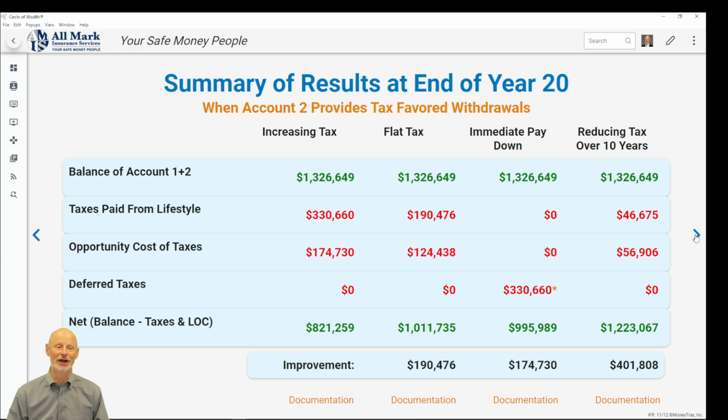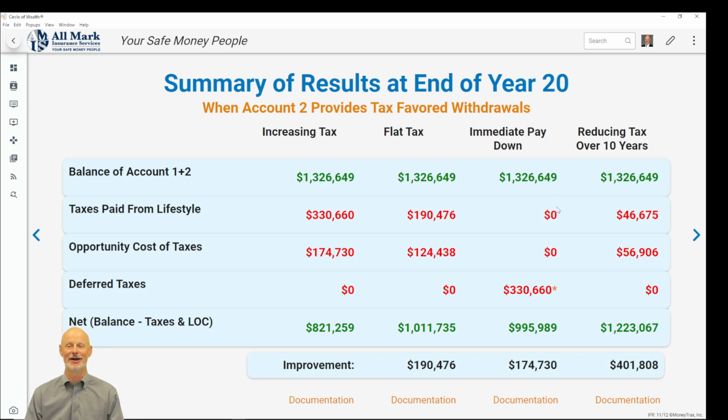So if we go forward and take a look at what we've just looked at, you can see here, by using increasing tax, we had a balance at the end of the year of $1,326,649. But the taxes that we paid out of our lifestyle money was $330,660. If we use the flat tax model, it was $190,476.